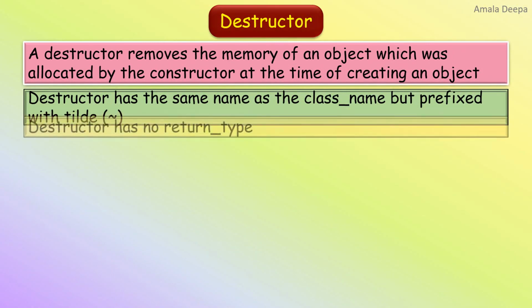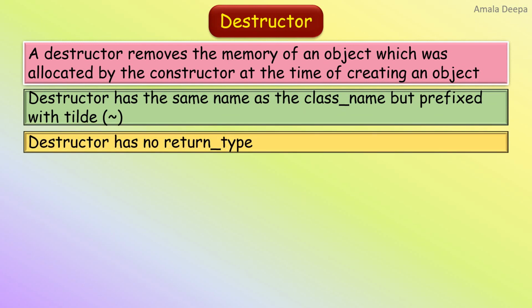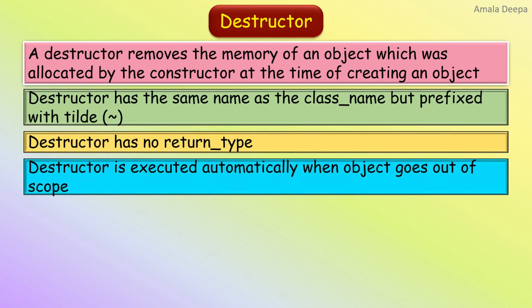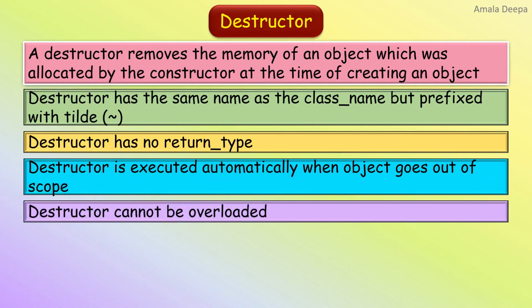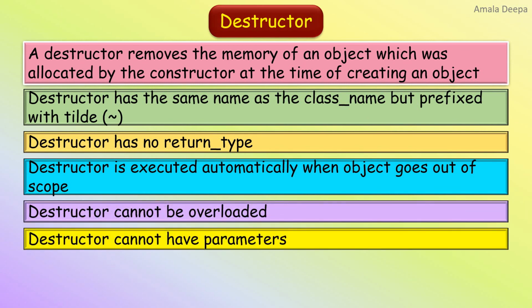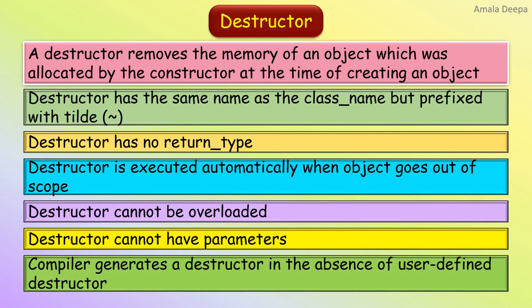Destructor has no return type. Destructor is executed automatically when object goes out of scope. Destructor cannot be overloaded. Destructor cannot have parameters. Compiler generates a destructor in the absence of user-defined destructor.